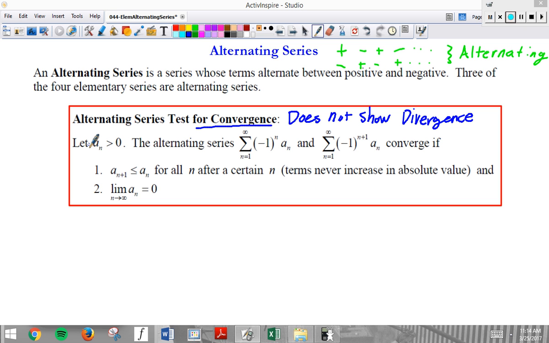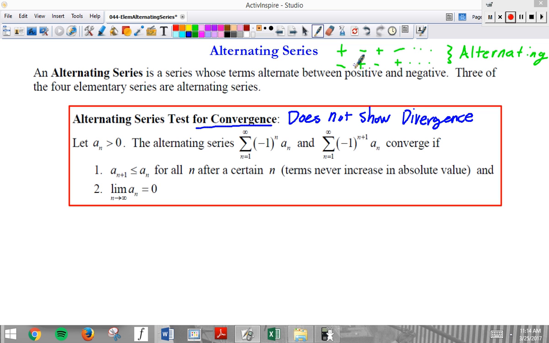So we have a positive part. The alternating series is this one or this one. This is one that's starting off on a negative foot. This one's starting off on a positive foot. That's all it's saying with the different exponent. And that this part's always positive is important, so it does go in this fashion.